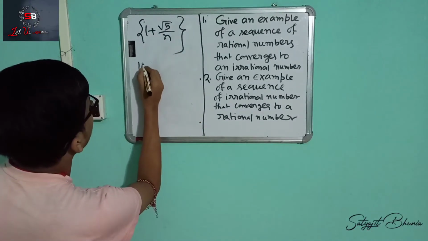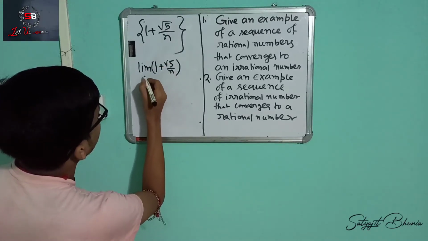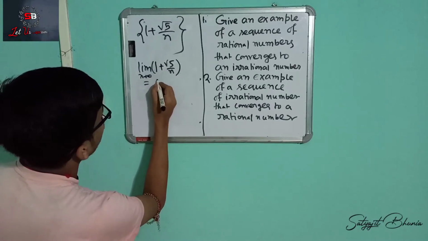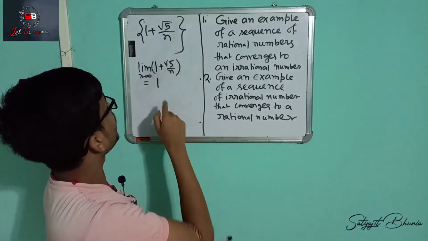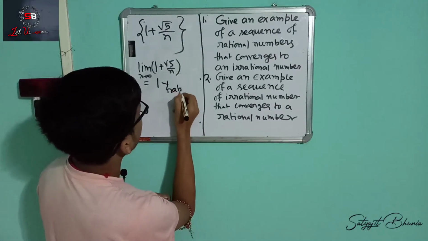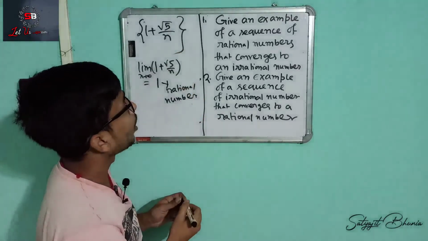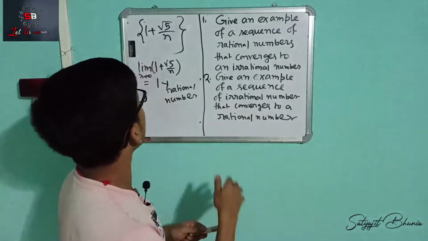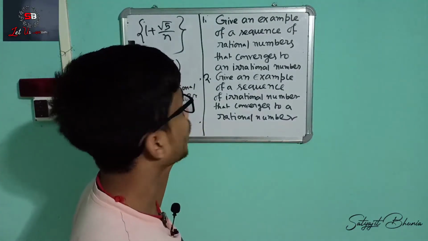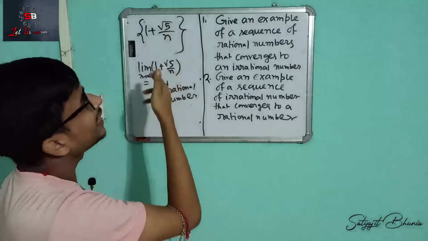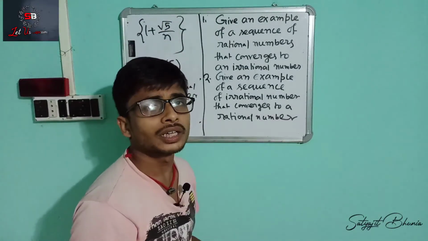Let's see its limit. Its limit is 1. Okay, so this converges to a rational number. So this is an example of a sequence of irrational numbers which converges to a rational number. Okay, you can take any irrational number like root 2, root 7 or anything.